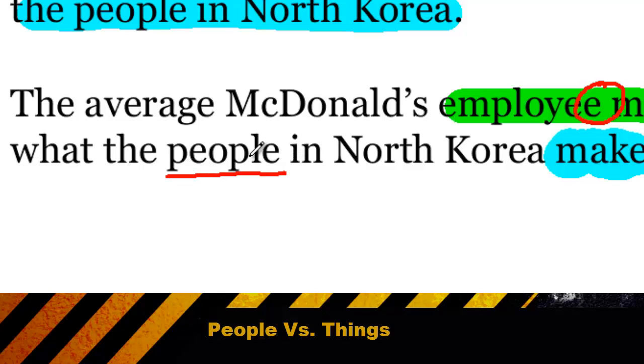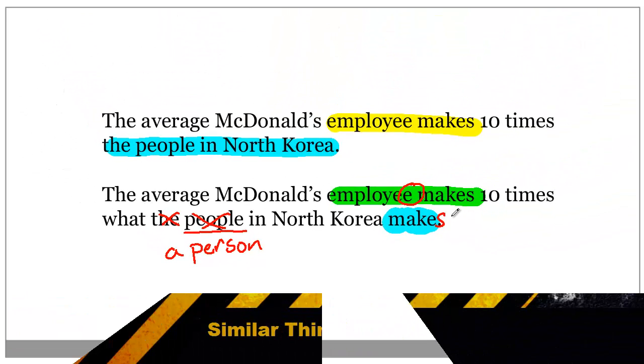So it makes it sound like one employee at McDonald's makes 10 times what all the people in North Korea make. A correct version of the sentence might read that the average employee makes 10 times what a person in North Korea makes. Now we're comparing dollars to dollars and singular to singular.